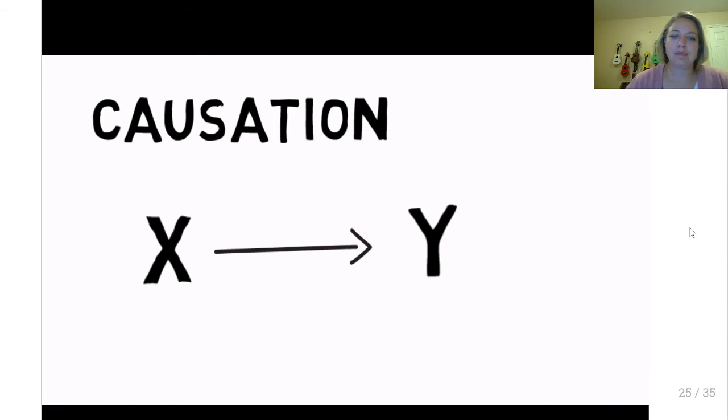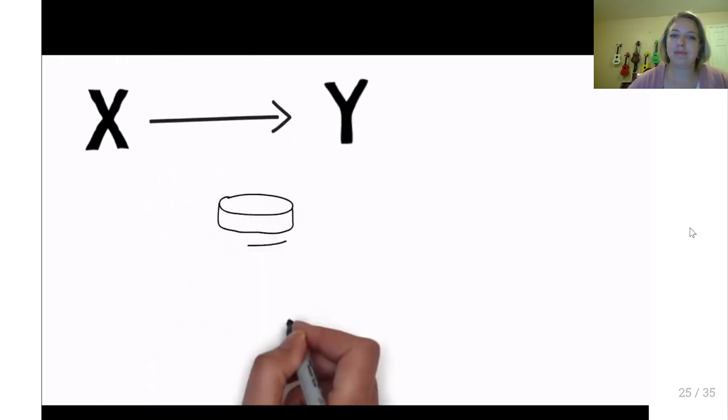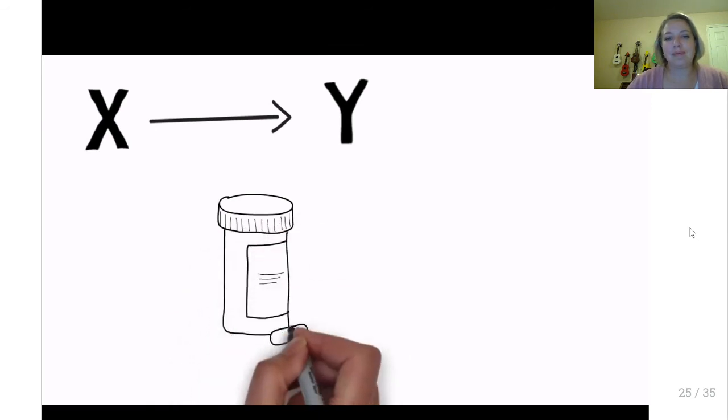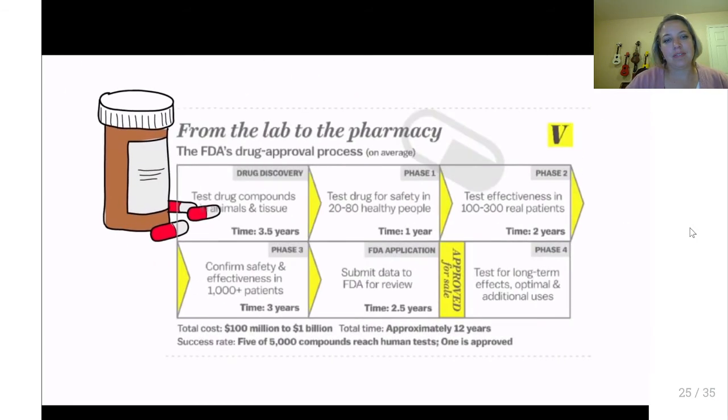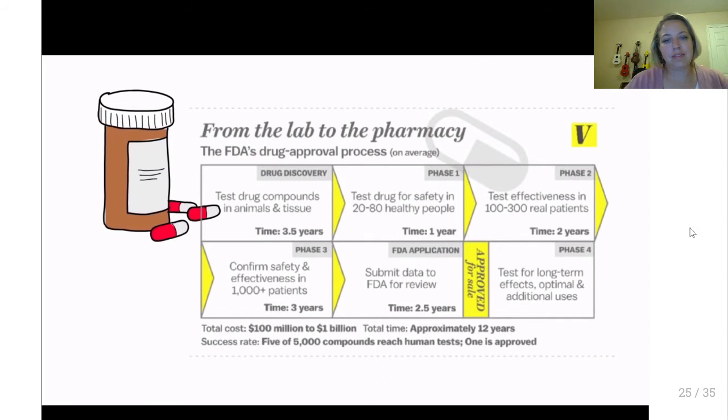In order to make this claim, you need to be able to demonstrate an actual cause and effect relationship, preferably a strong relationship. An example most of us are familiar with is the pharmaceutical industry. In order to make the claim that a particular drug causes a certain effect, such as lowering your cholesterol or growing hair, the FDA requires companies support those claims, putting the drug through a 4-phase, 12-step process that takes approximately 12 years.